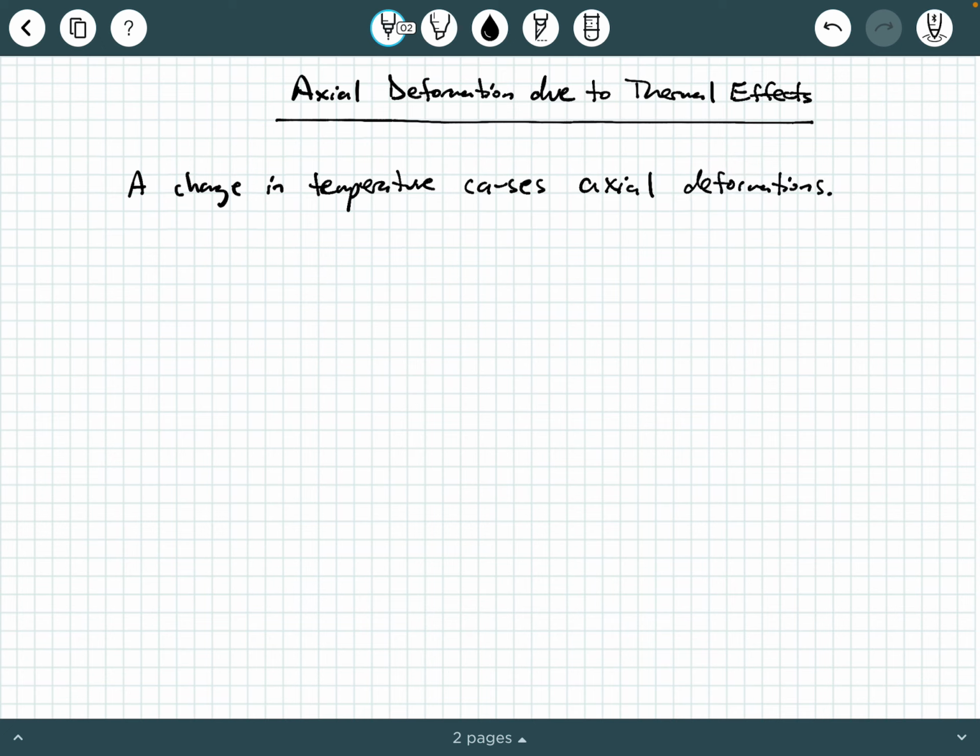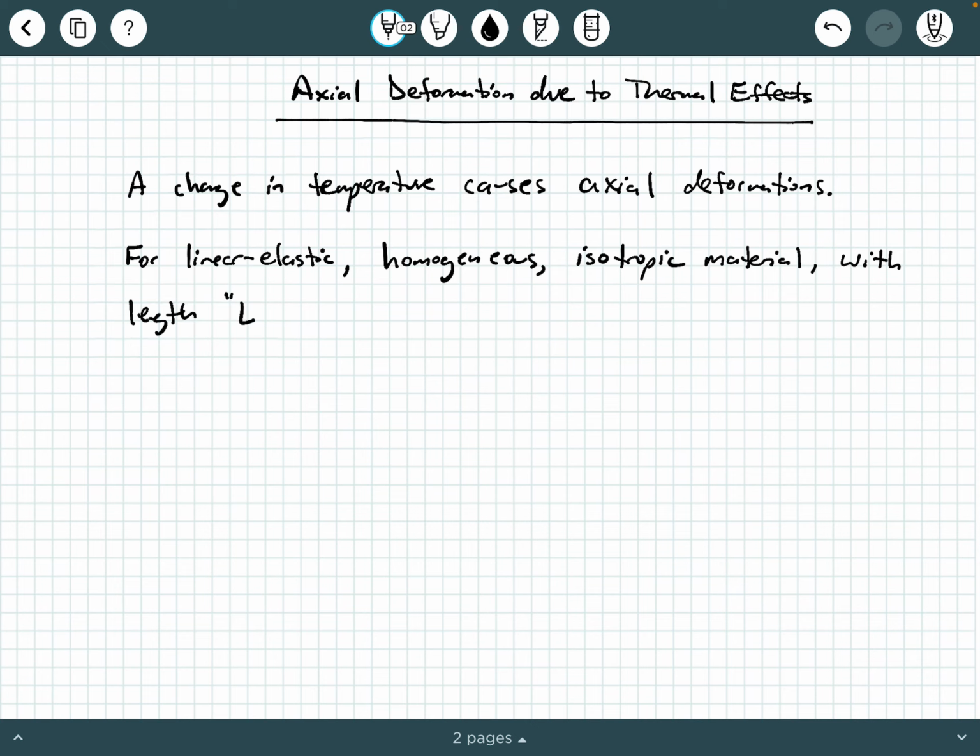And for linear elastic homogeneous isotropic materials with length L, we have delta equals alpha times capital delta T times L.